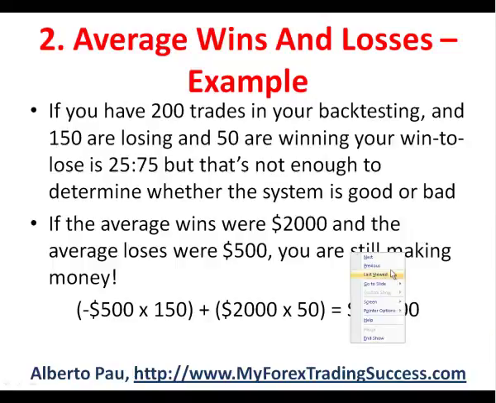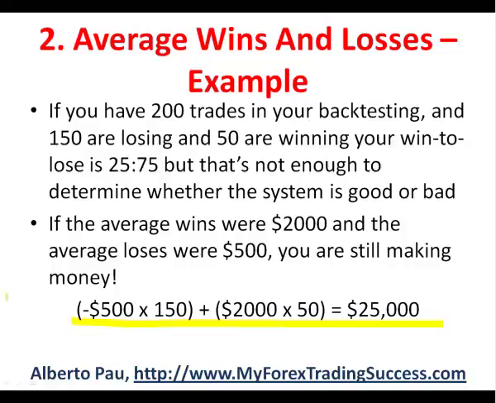And effectively, this is the equation we have here, right? Just this bit here. It proves to you how mathematically, by having 150 losing trades and having 50 winning trades, you can still make money.